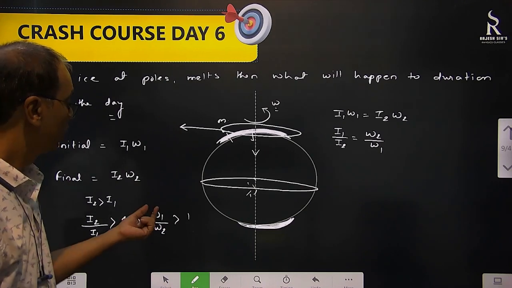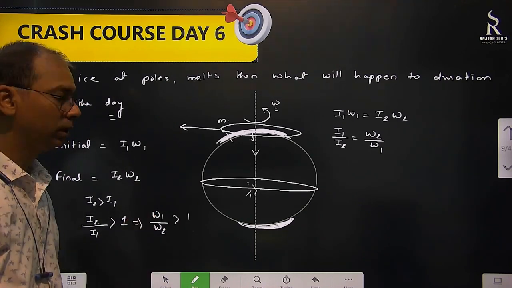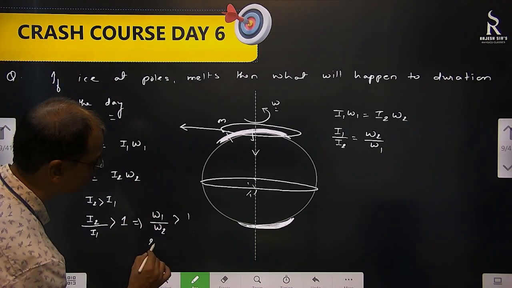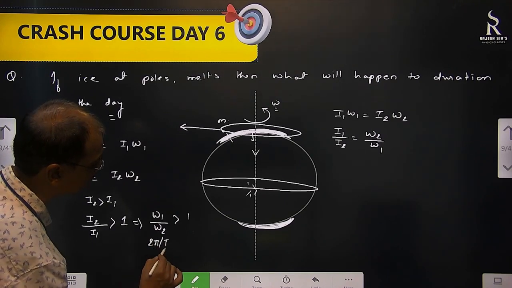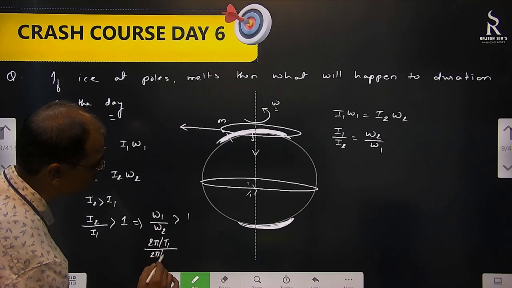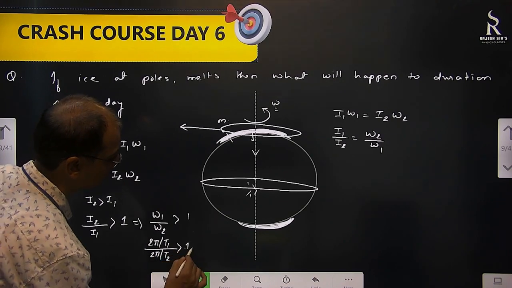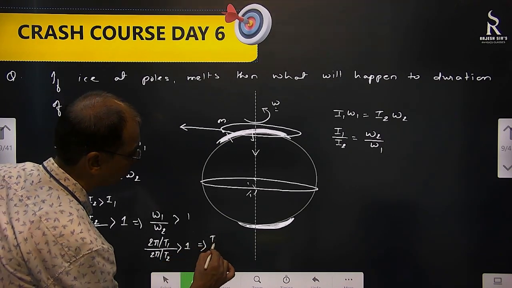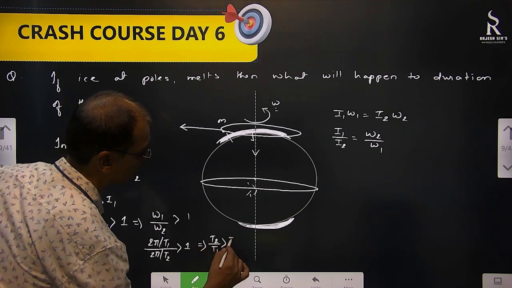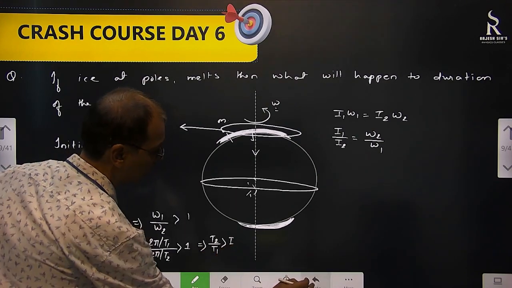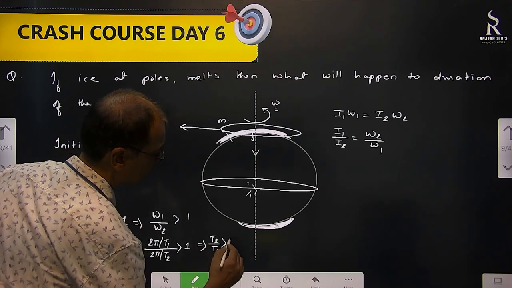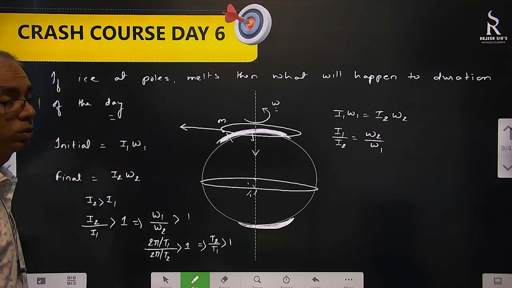What is omega? 2 pi by T. So 2 pi by T1 divided by 2 pi by T2 is greater than 1. That means T2 by T1 is greater than 1. T2 is greater than T1.